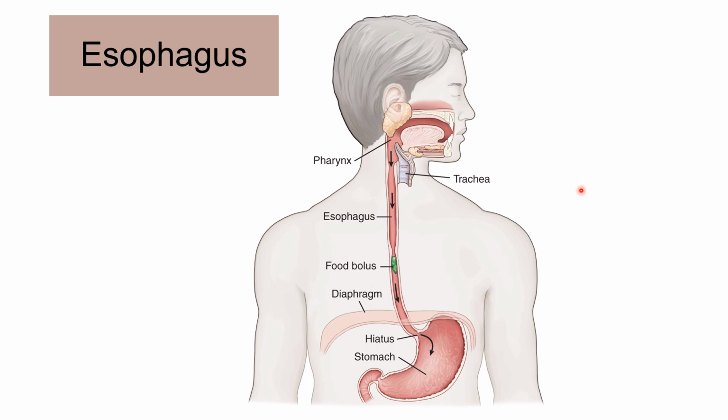The third mechanism would be peristalsis. Similar to our intestines, the esophagus has a wave-like constriction that helps to move food along. Our bolus will go down the esophagus, pass through the lower esophageal sphincter here, and then enter our stomach.